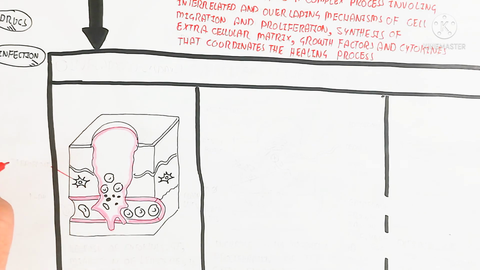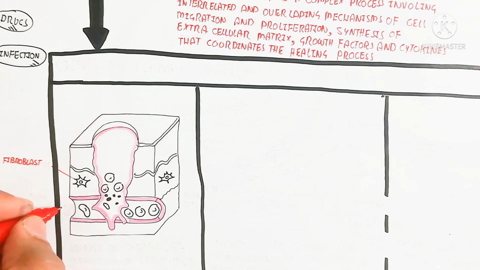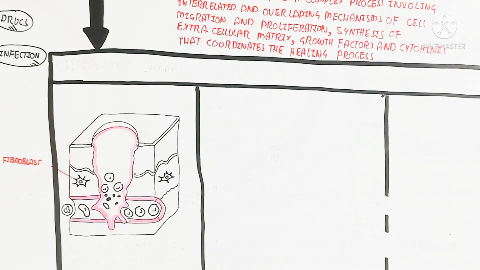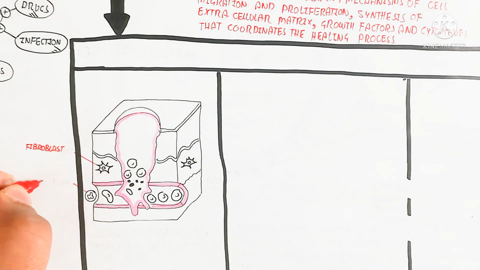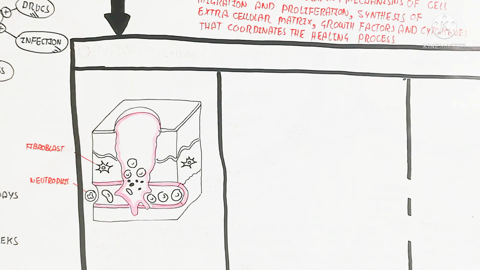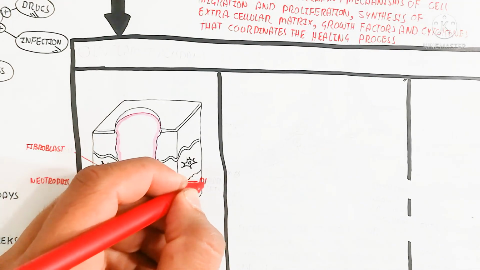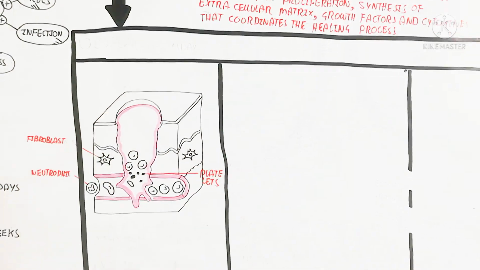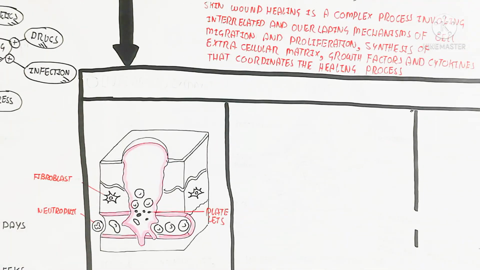Step 1 is the inflammatory phase, and inflammation will occur within the first day. Neutrophils are present, and there is rupturing of the blood vessel due to the injury of the skin. The epidermis will be ruptured and the dermis will also rupture.